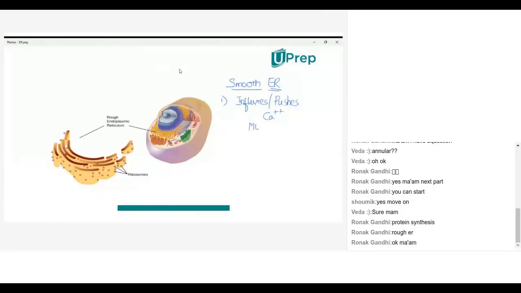Can you repeat? Yeah, I'll explain the whole point. First understand the statement, then I'll explain. The smooth endoplasmic reticulum influxes or pushes, same words, calcium ions into muscles.